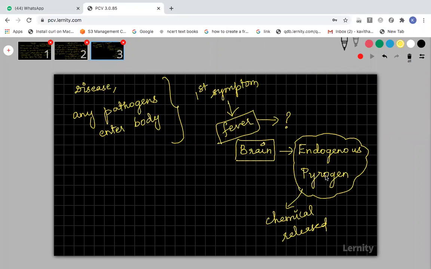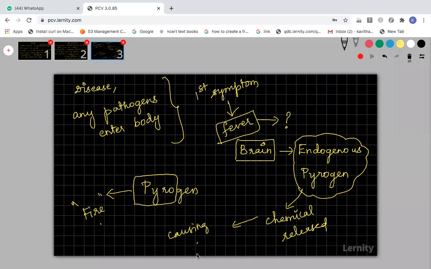This word pyrogen, pyro means fire in one particular language. Fire means it will be very hot. During fever, your body will be very hot, your temperature will rise. So this is taken from this term. This endogenous pyrogen is the one which is causing fever.